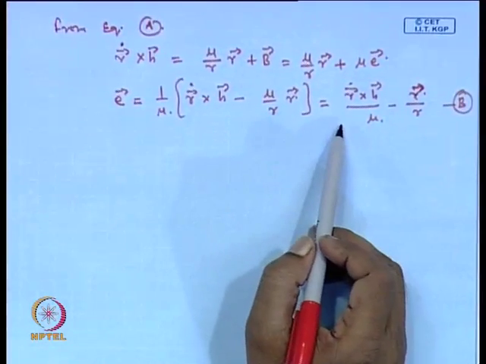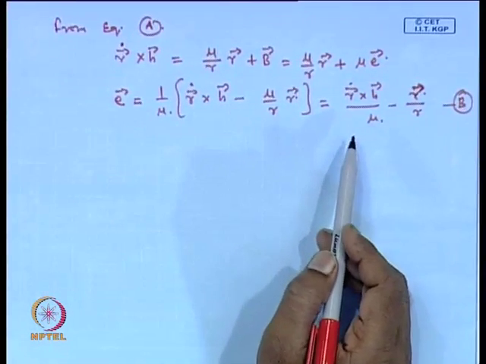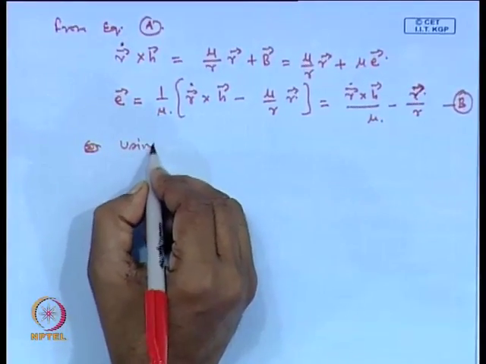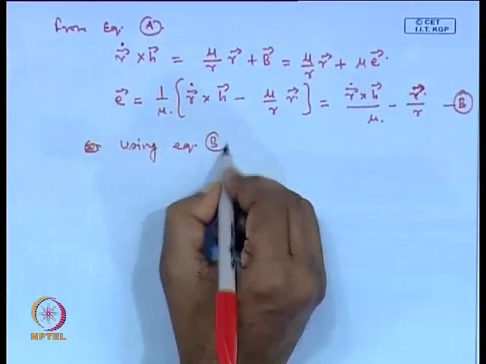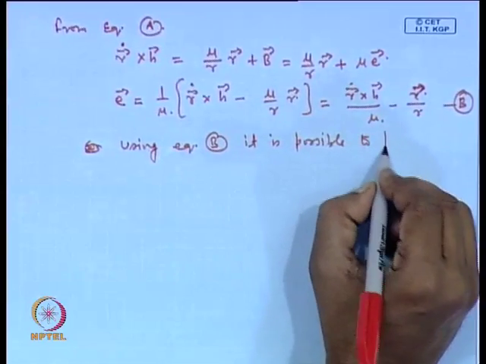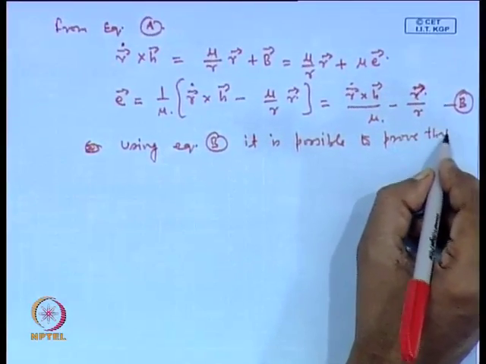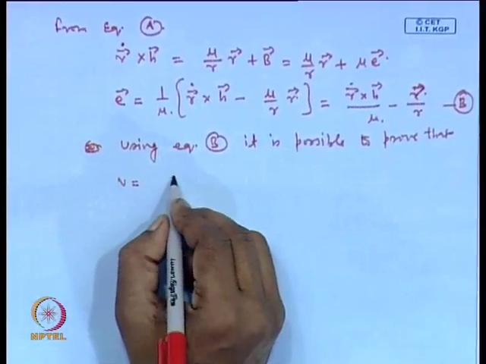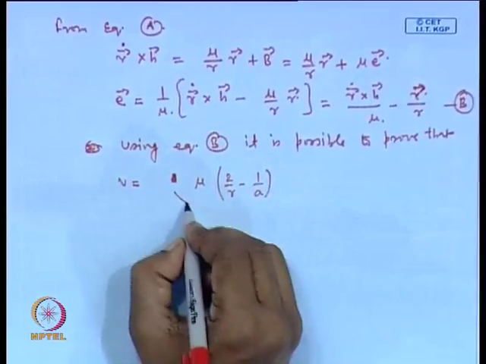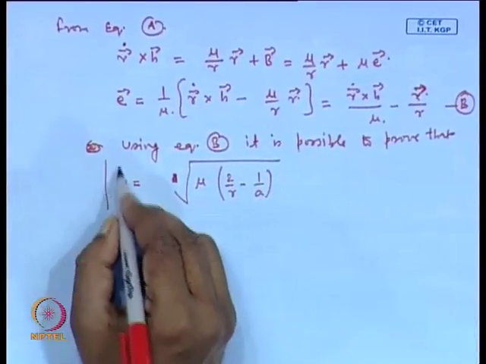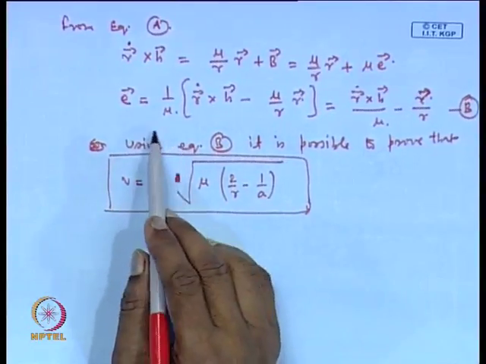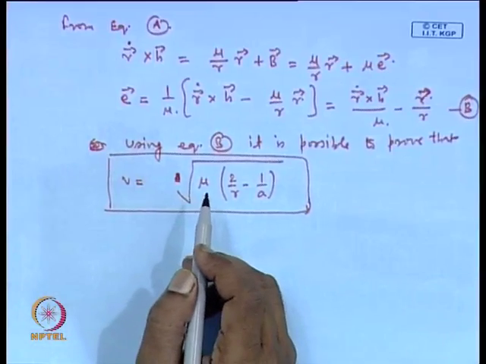So, using equation B, we can work out the relationship. Using equation B, it is possible to prove that V is equal to the square root of mu times 2 by r minus 1 by a. Okay. So, we see that the same relationship can be derived in multiple ways.